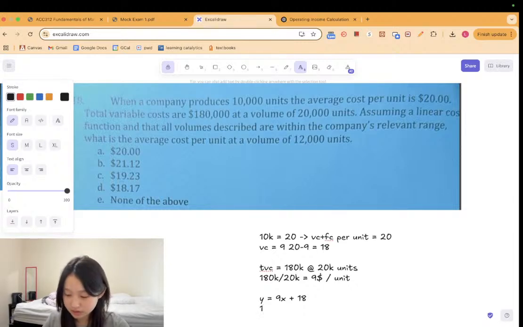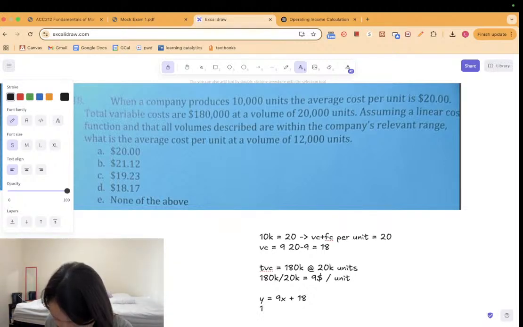The company is producing 10,000 units at an average cost per unit of $20. So that means our variable cost plus our fixed cost per unit is equal to 20. Total variable costs are 180K at 20,000 units. That means if you divide 180,000 by 20,000, you get $9 as your variable cost.